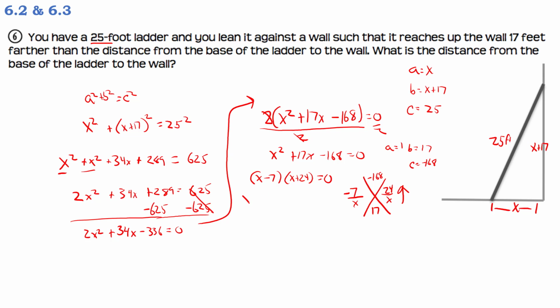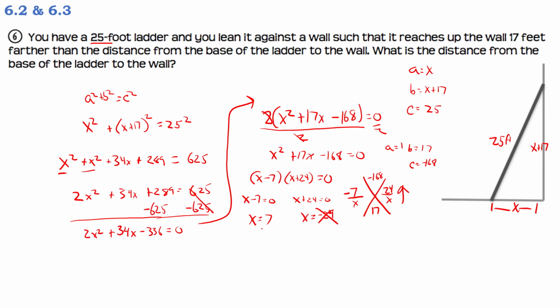So now we can put both these equal to 0. So x minus 7 equals 0, or x plus 24 equals 0. So we get x equals 7, or x equals negative 24. Well, like we've been talking about, you can't have a negative length here. We can't have negative 24 feet below the ladder to the wall, so that is out of the question.